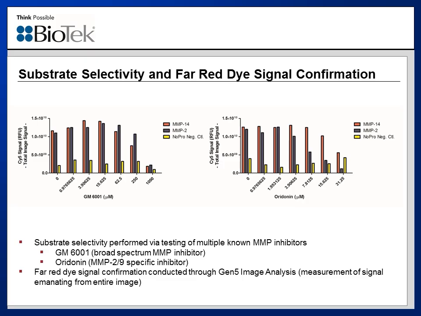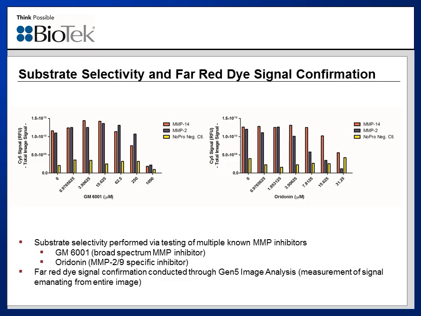So this is a different type of analysis than what I've been showing to you, where we're not drawing any object masks around any portions of the tumoroid structure, but looking at the actual total Cy5 signal that would be emanating from the entire image. So closer to the type of analysis that you would use for a typical microplate read using a PMT type of technology.